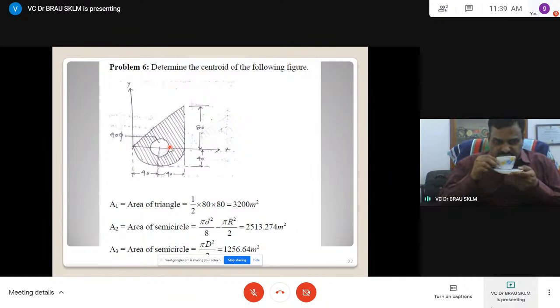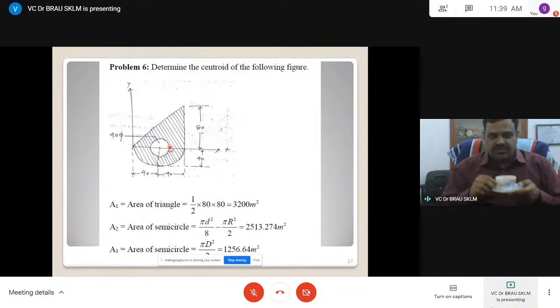Areas are given. See, area of triangle, area of semicircle. Other 2 semicircles, because from the triangle 1 semicircle, from the semicircle you have to subtract another semicircle. Once you find out one semicircle is small, that same thing can be subtracted in both the cases.